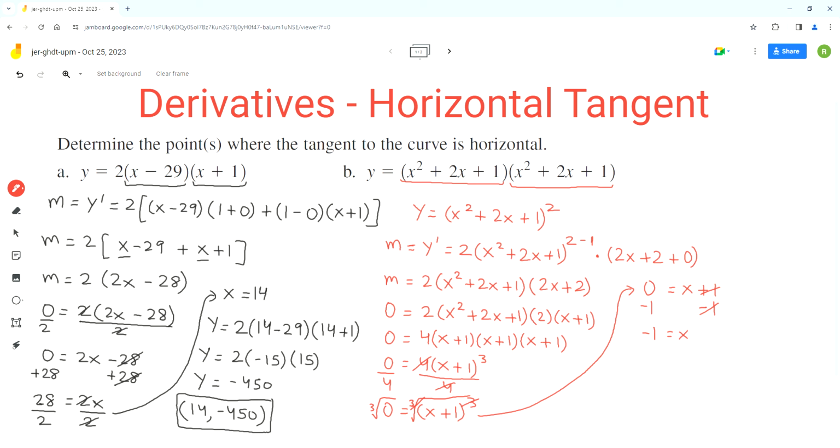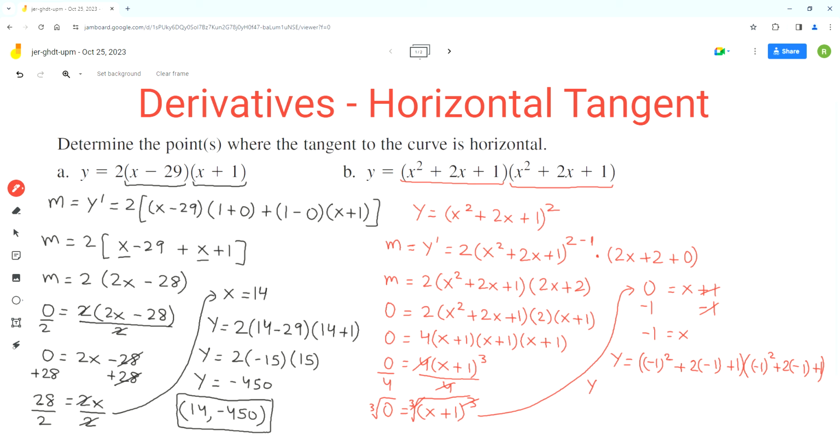Now we have to find the y value for the point. So we'll sub in x as negative 1 in this expression. So we get negative 1 squared plus 2 times negative 1 plus 1, times, and we do the same in the second parentheses: negative 1 squared plus 2 times negative 1 plus 1.